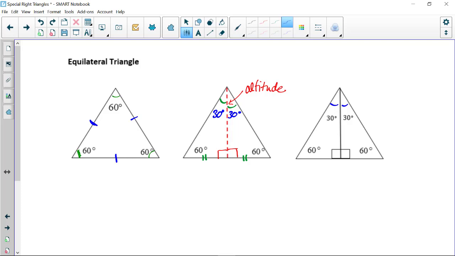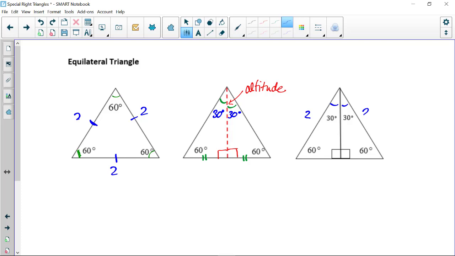So let's talk about measures for just a minute. Let's say that all of my sides were 2 to begin with.